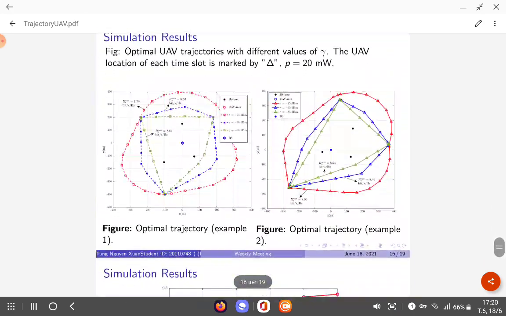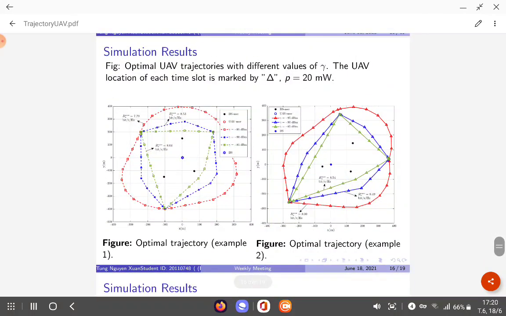So we have the simulation results compared in three schemes. The three schemes differ in the maximum interference from the UAV to users served by the base station.